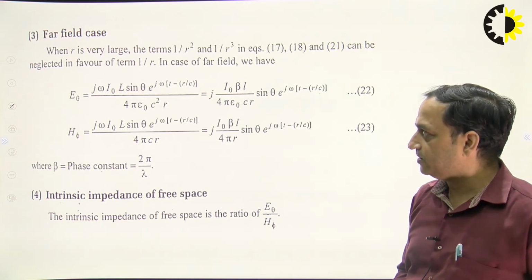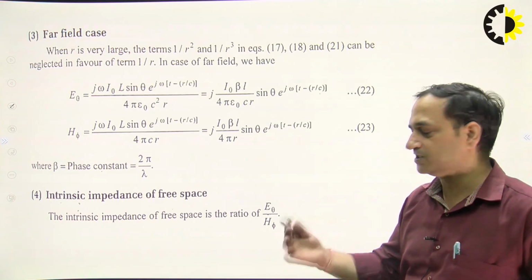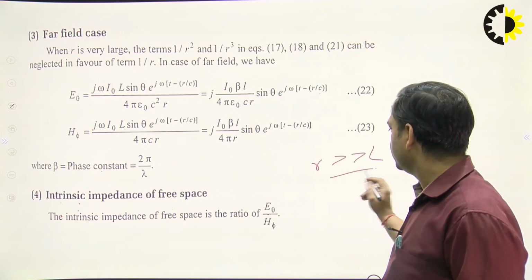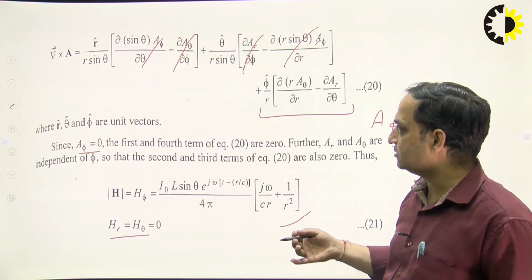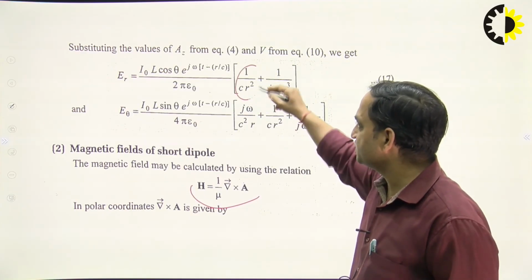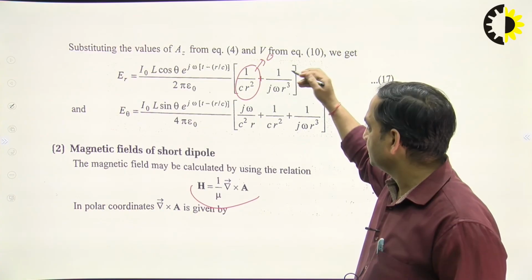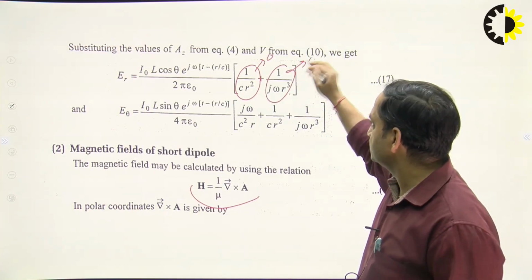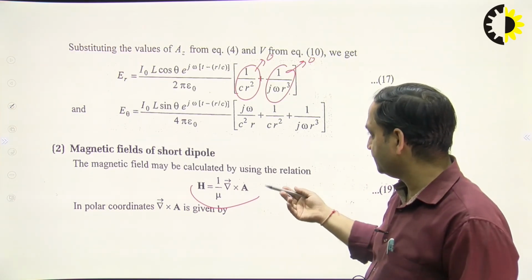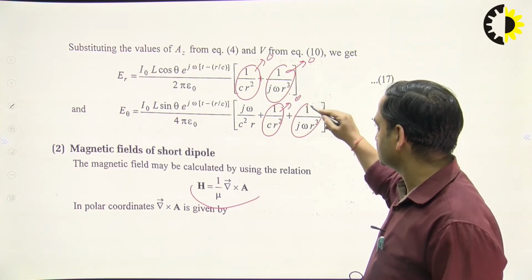For the far field, R is very much greater than L. So when R is very much greater, as we can see in the previous equation, this factor will be 0. When R is very much larger than 1, this factor will also be 0, and similarly this is also 0.